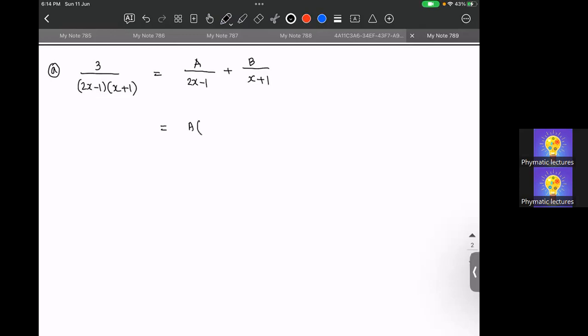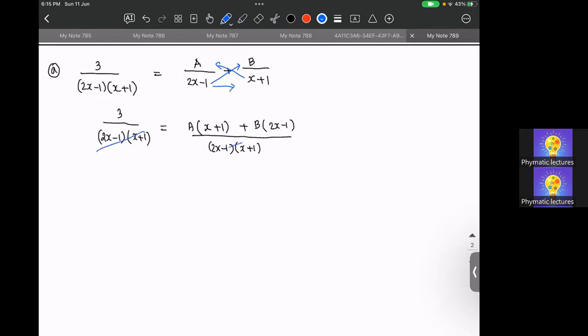So if you're adding these two fractions, we will get A times (x plus 1) plus B times (2x minus 1), divided by (2x minus 1)(x plus 1). And that is exactly equal to our left hand side, 3 over (2x minus 1)(x plus 1).